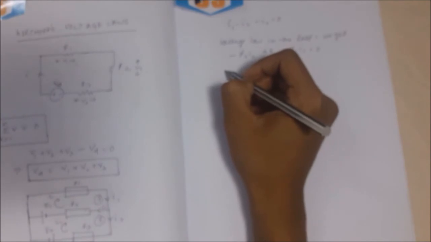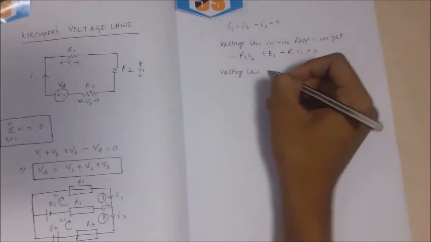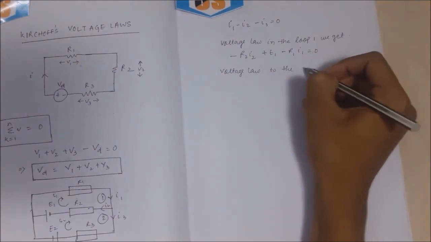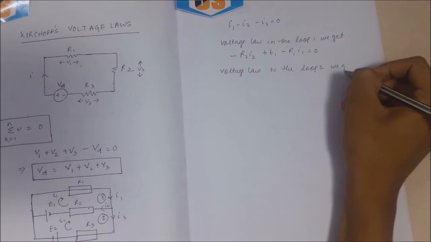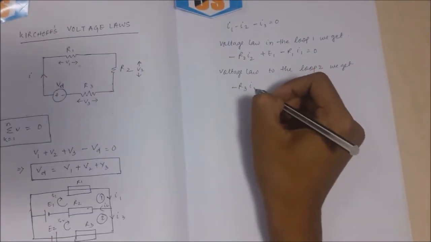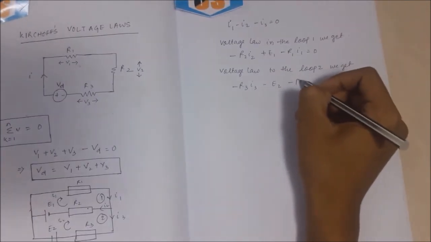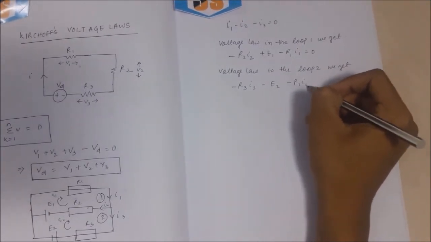Now if we apply the voltage law to the second loop, loop 2, we get minus R3 I3 minus E2 minus R1 I1 equals 0.